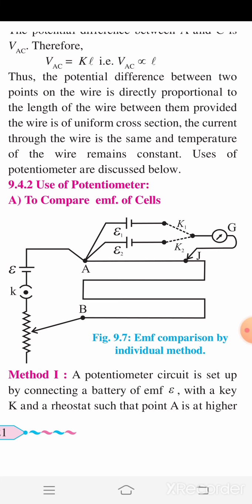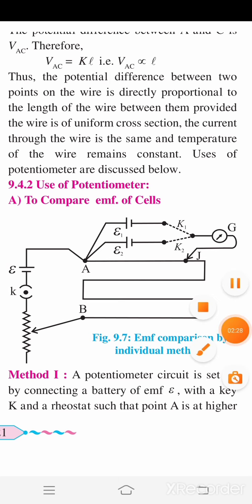Of these three uses, in our syllabus only the second and third uses are studied. That is, to compare the EMF of two cells and to measure the internal resistance of a cell.